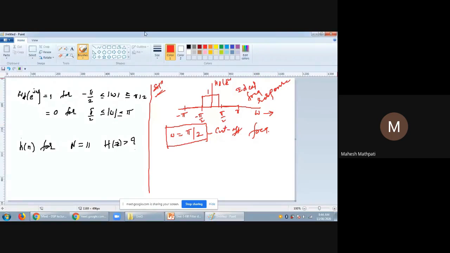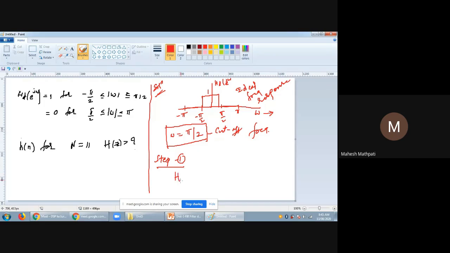Now, what is step 1? Note the desired given frequency response. That means you just note down what is given.